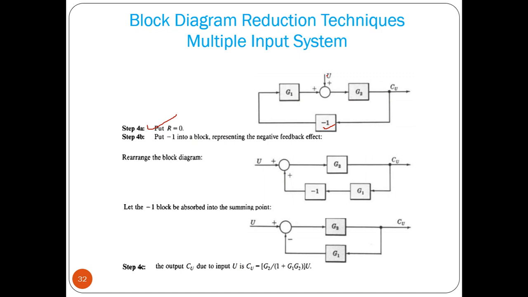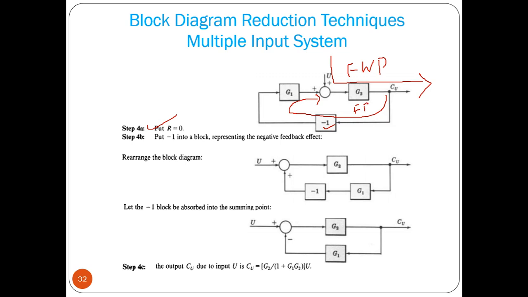Now if we apply input U, this minus 1 we can multiply with this G1 block. Now what is the equivalent block diagram? This is the input and this is your output, right? This is your forward path and this is your feedback path.